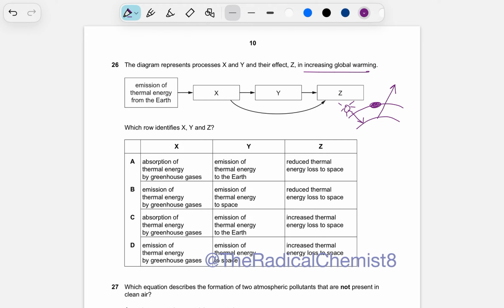Some of it is absorbed by the greenhouse gases, and these then re-emit some of it back to earth and some of it back out.